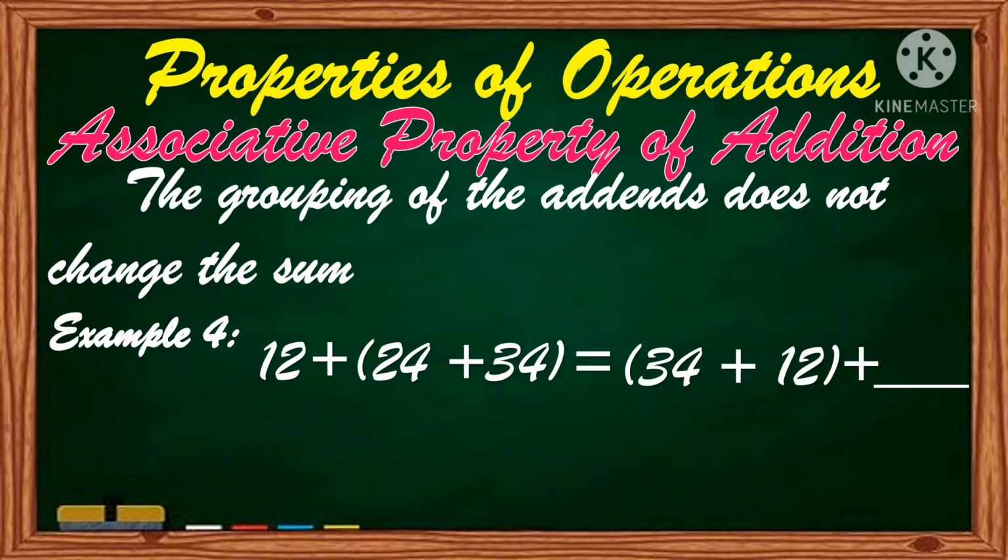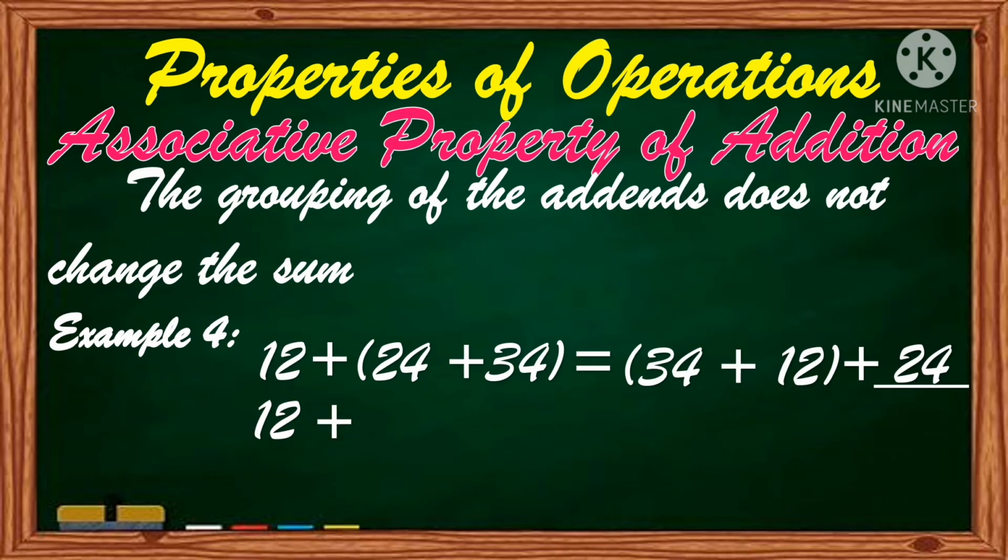What do you think is the missing number? Even if we change the grouping of the addends, the sum would be the same. So the missing number is 24.